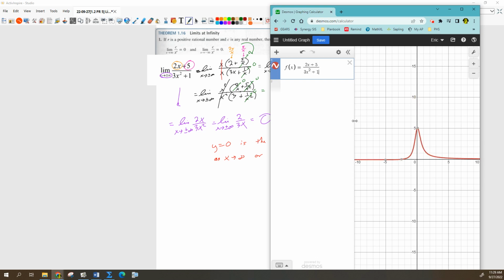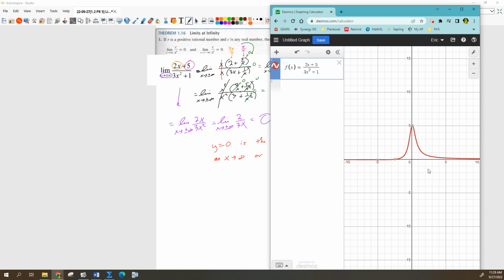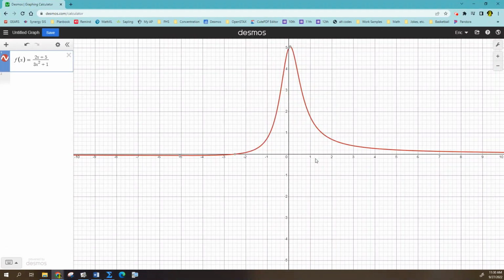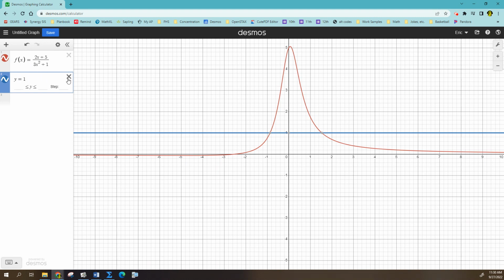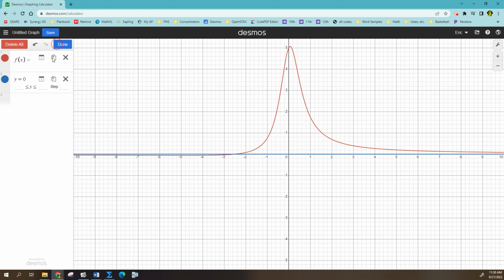And sure enough, look what we get for our graph. We pretty clearly have a horizontal asymptote at y equals 1, don't we? Let's put that in there. Oops, y equals 0, not 1. What am I saying? 0.